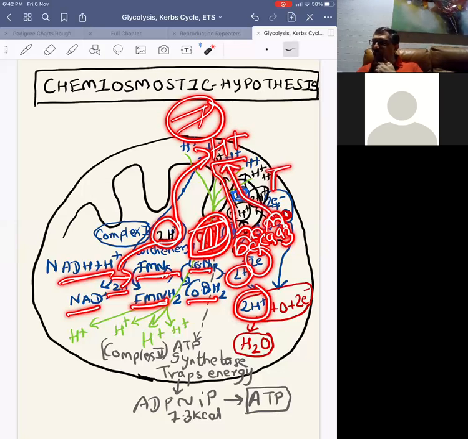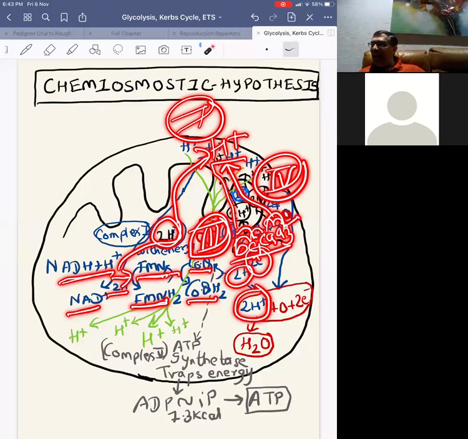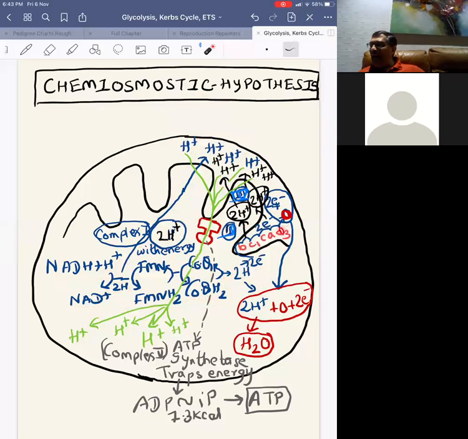That is complex 4. But eventually, what will happen to the electron? Electron has gone from B to C1 to A to A3, and from A3 the electrons have now lost all the energy.